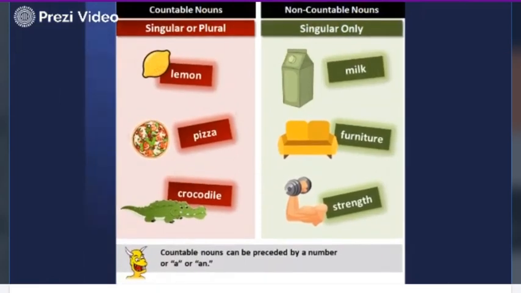Now, countable nouns, you can find them in singular or plural. Lemon, pizza, a crocodile. As I told you before, you can transform them into plural: lemons, pizzas, crocodiles. But non-countable nouns, you are going to see that you cannot transform into plural.